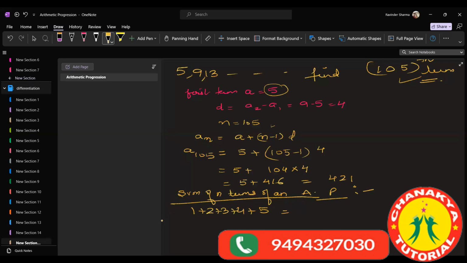1 plus 2 is 3, 3 plus 3 is 6, 6 plus 4 is 10, and 10 plus 5 is 15. So if you are going to add like this, it will take so much time, right?